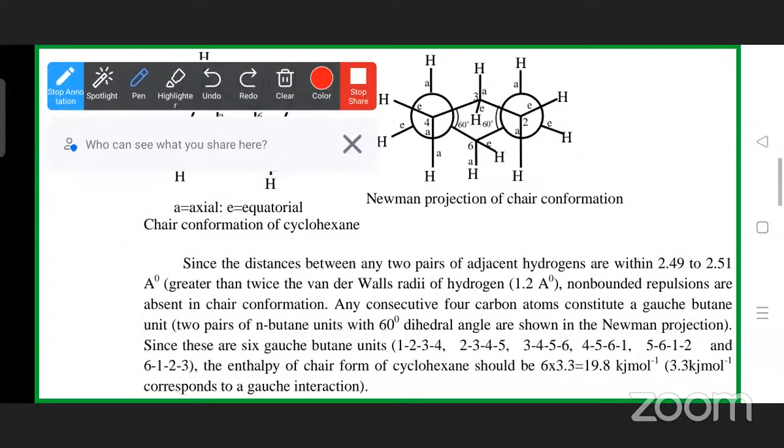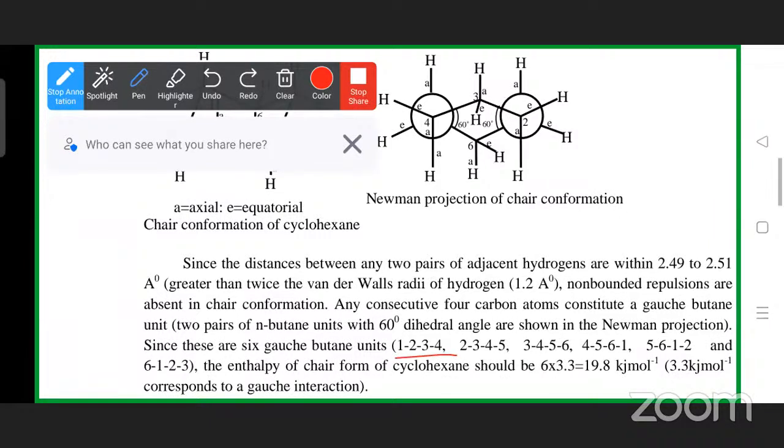So in this conformation, you can see the Newman projection. There are the gauche butane units here, like 1, 2, 3, 4.